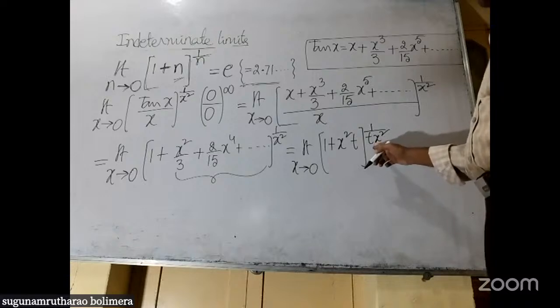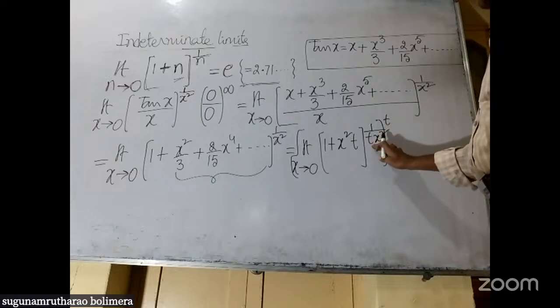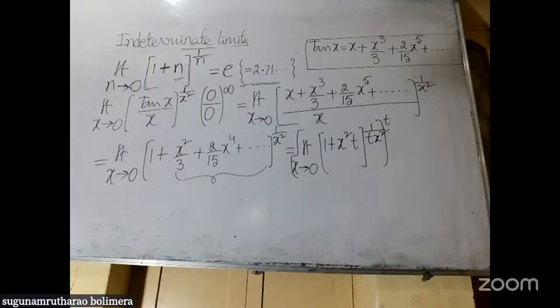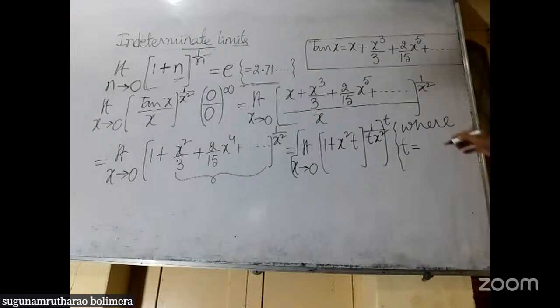Since I have written t here, you may write whole power t. This t gets cancelled. What is that t? Where t equals to, among all of these, I have taken x squared common. T equals to 1 by 3 plus 2 by 15 x squared plus so on. This is t value.